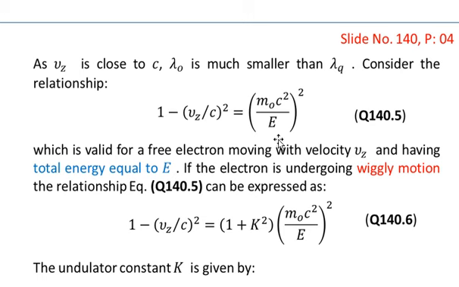So this is the energy, capital E, of the electron related to its rest mass energy.